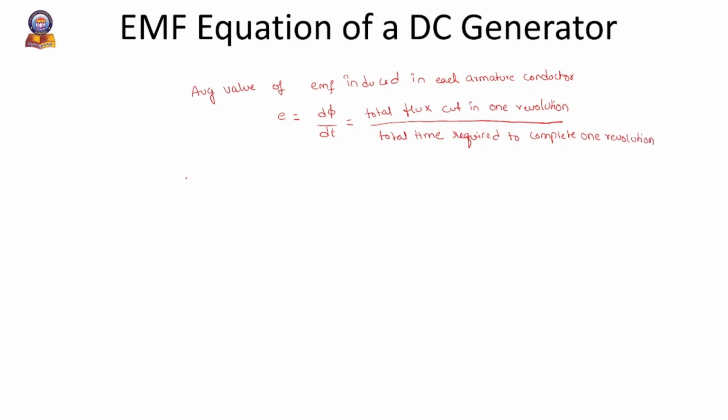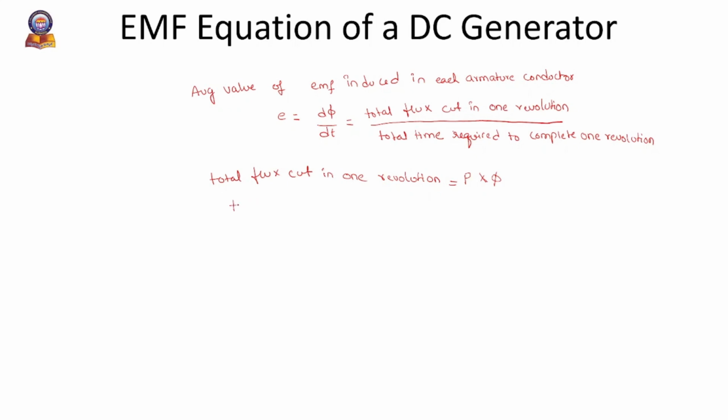So we are considering one conductor for one revolution. In one revolution, the total flux cut by the conductor in one revolution is produced by P number of poles multiplied with the flux per pole, so it is P psi.